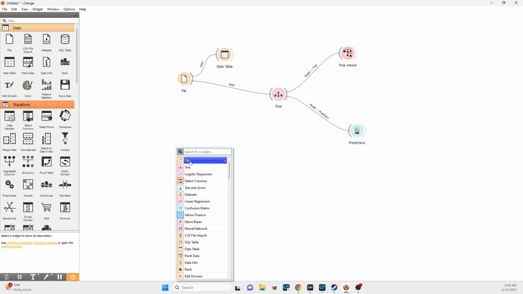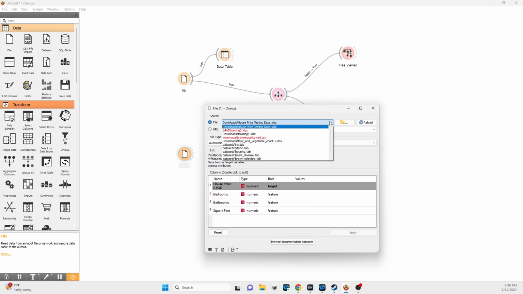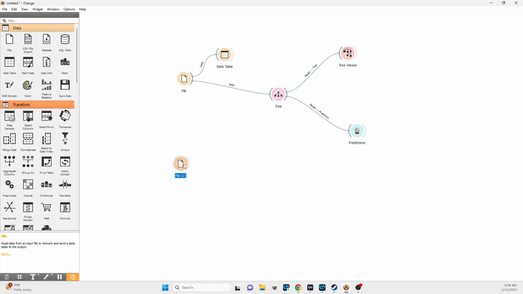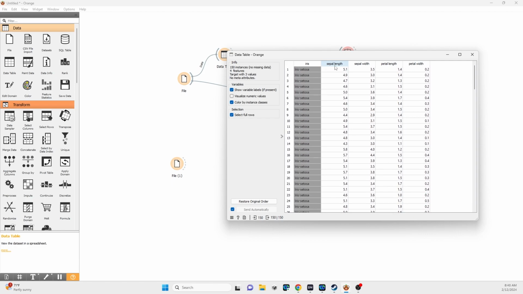And then if we have another file here, I don't know if they already include some test data for the iris. They do not, which is totally fine. But this would be your test data. Remember, for your testing data, it's imperative that the table is set up identically.